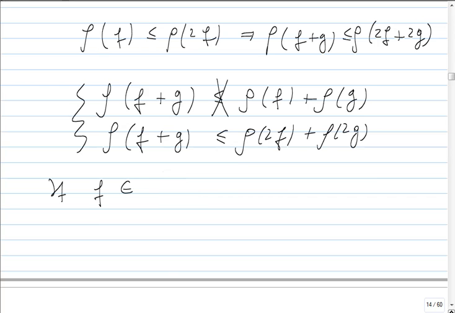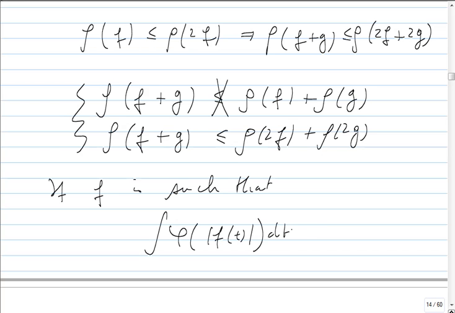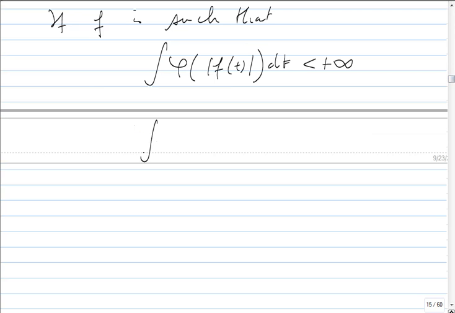I'm talking about, if f is such that this integral of phi of f(t) dt is finite, what happens if I take now 2 times f of t? Is it finite or not? Sometimes the answer is yes, sometimes the answer is no. So it depends on phi.